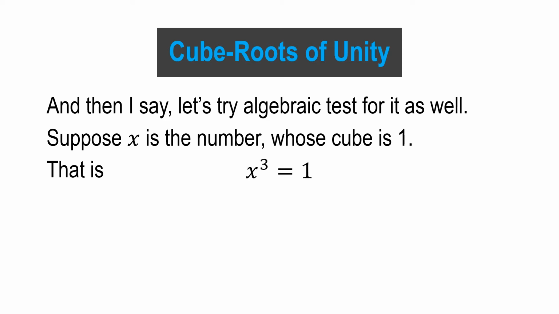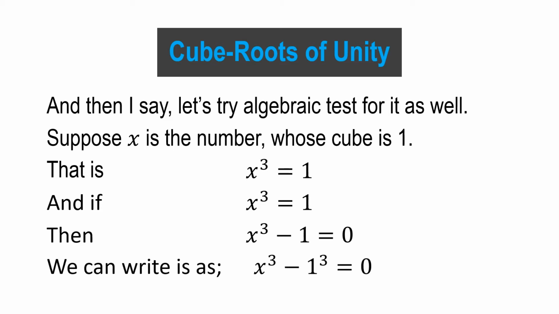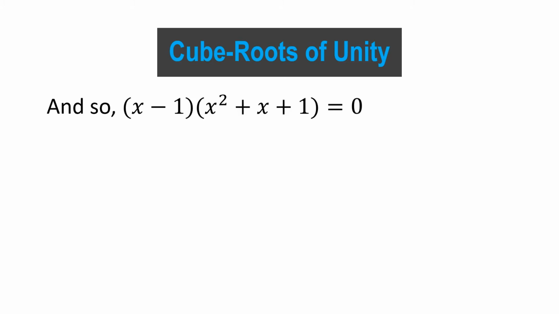Suppose x is the number whose cube is 1. That is, x cubed is equal to 1. And if x cubed is 1, then x cubed minus 1 is equal to 0. We can write it as x cubed minus 1 cubed is equal to 0.